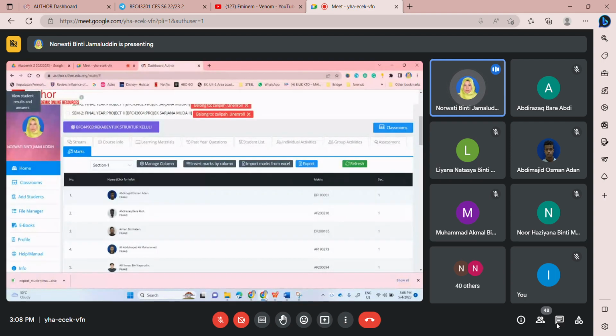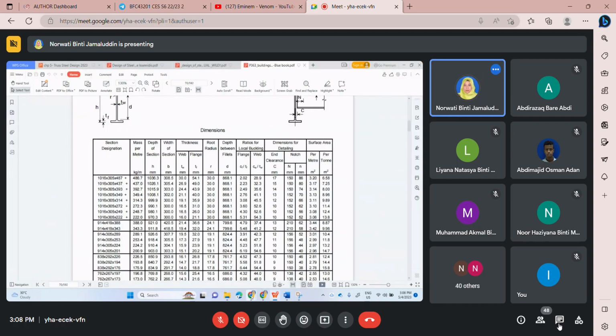Seorang boleh download, share dalam grup? Takkanlah saya nak bagi semua. Thank you. Siapa ni? Y ni siapa?